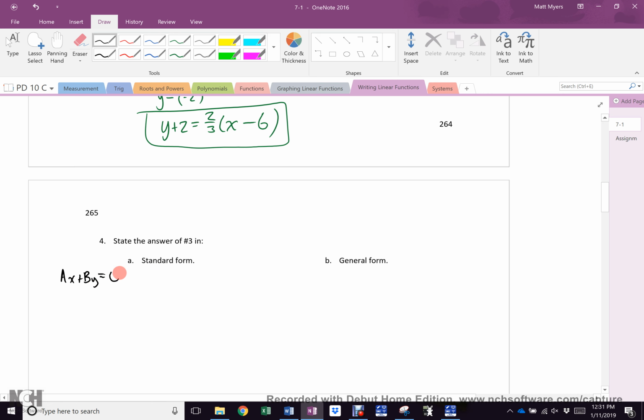What is different between what we have in point slope form and what we need in standard form? What must I get rid of here? I must get rid of the fraction, because standard and general form have no fractions. What else must I get rid of?